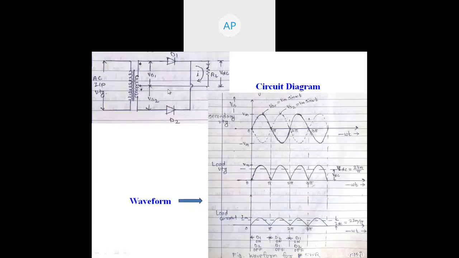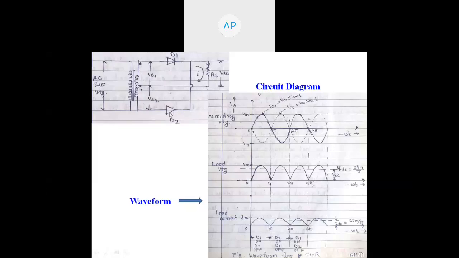What about diode D2? During the interval 0 to pi, the lower half of the transformer secondary is negative. So this will be a minus and this will be a plus. This negative is applied to the anode terminal of D2 and this positive is applied to the cathode terminal of D2. Therefore diode D2 will be reverse biased.